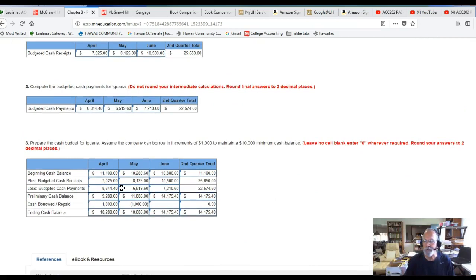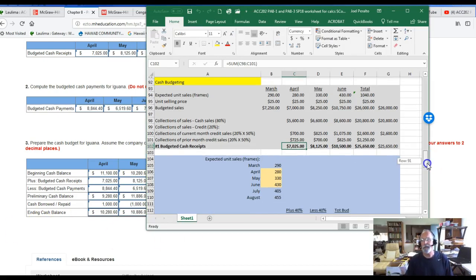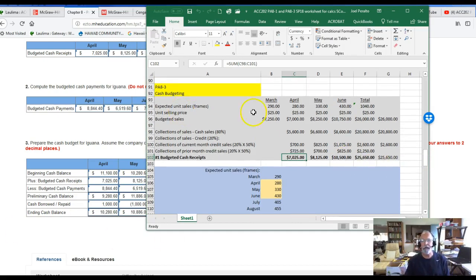budgeted cash payments. Now, this is a one-liner in terms of inputting the answer, but in terms of the calculation, it is substantially longer. And so what I did was I highlighted in gray that portion of the work here that relates to budgeted cash receipts, the first requirement for problem 8.3.